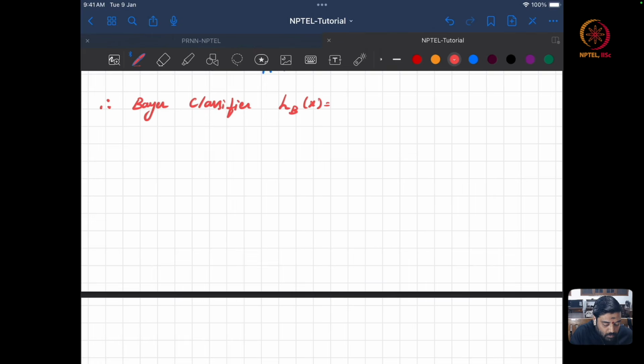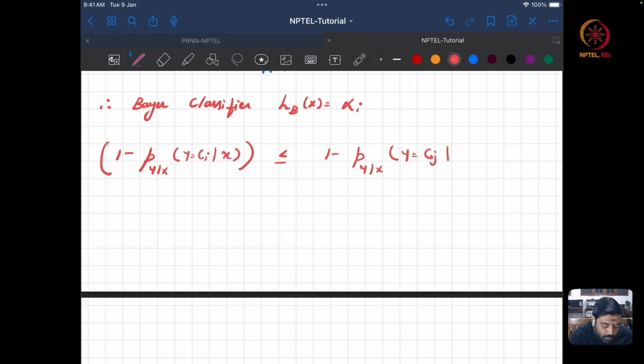b of x. Now this will give us Ci, where 1 minus the posterior of y equals Ci given x is less than or equal to 1 minus the posterior for any other j, for any other outcome.